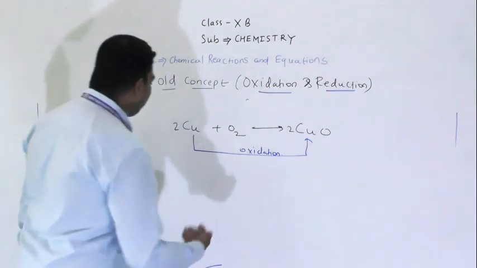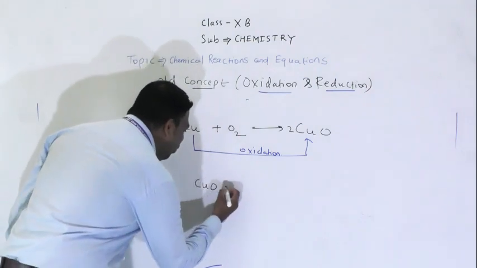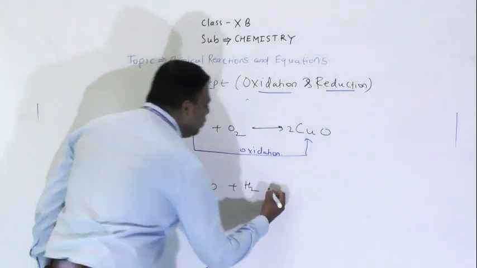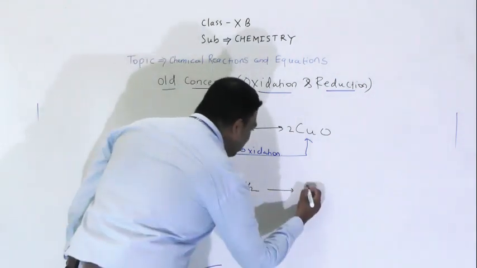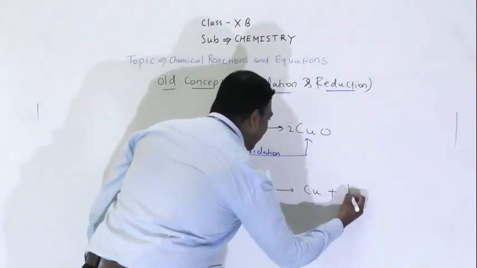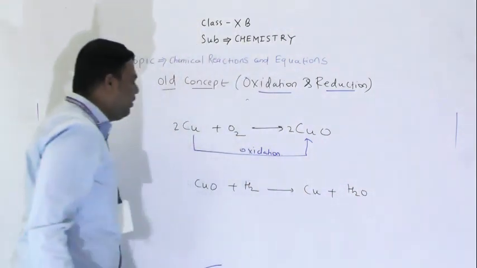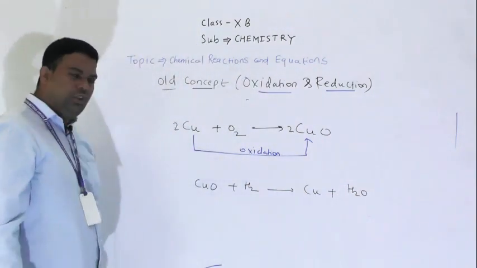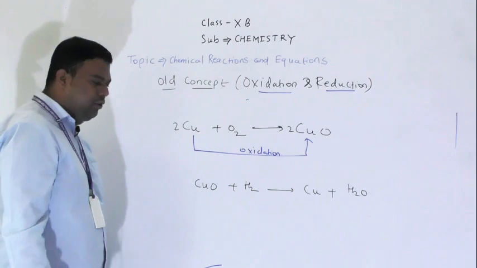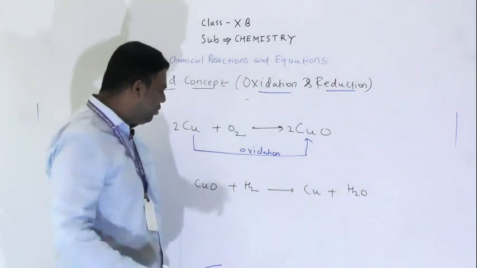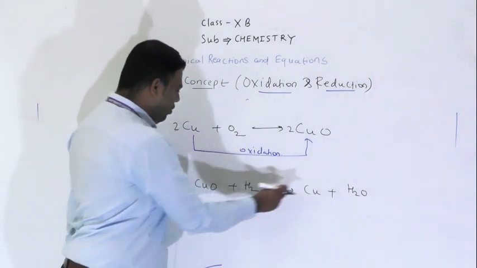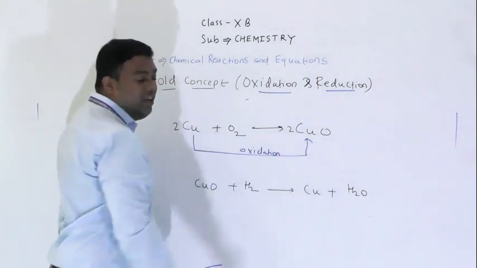Now we will see one more example: CuO plus H2 gives Cu plus H2O. We will see whether the reaction is balanced or not. See this Cu, this Cu, H2, and here also H2O.